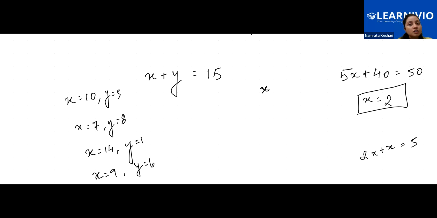So the solution can be a fractional number, and it can be a decimal number also. So maybe x equals 9.5 and y equals 5.5. These two also added together make 15. Is it a solution? Yes. So how many solutions are there? There are infinite solutions.